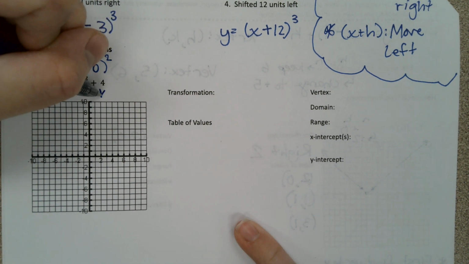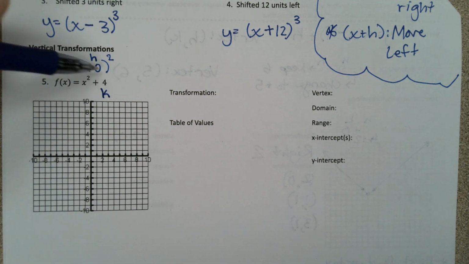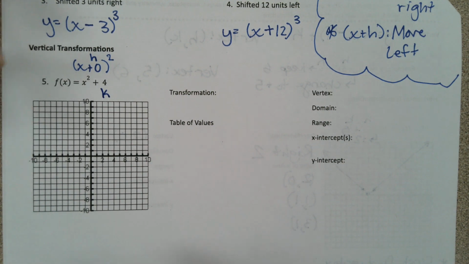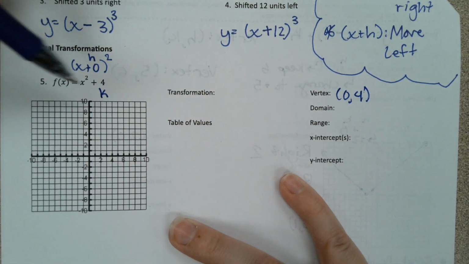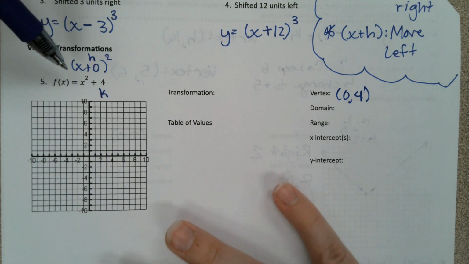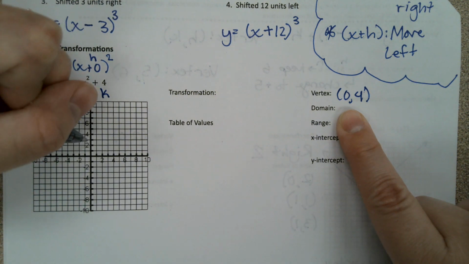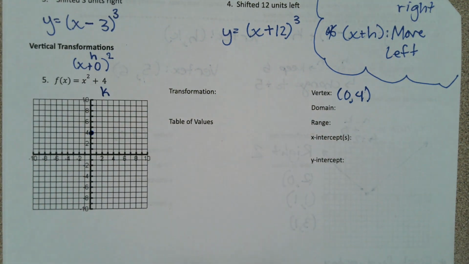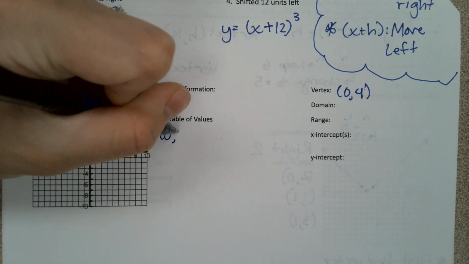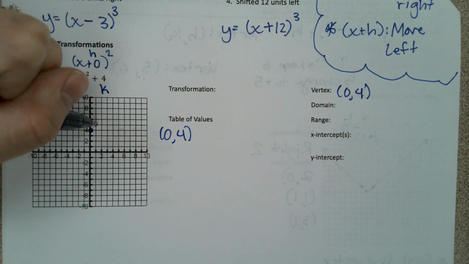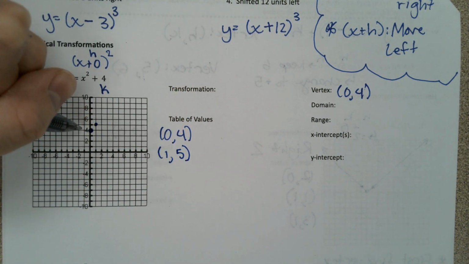And then k is 4. K is outside of the x, so it's by itself, so we keep it. So our vertex is 0, 4. Again, this is confusing for a while, but once you've done enough examples, it makes more sense. So 0, 4 is my vertex. And then I want you to plot 1, 5 and negative 1, 5.